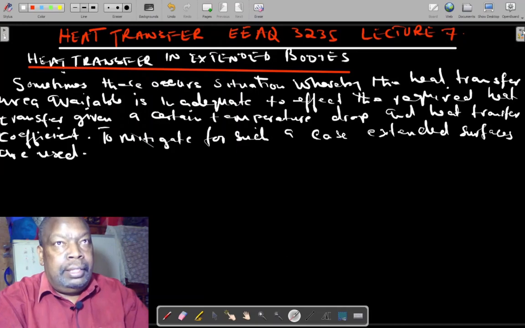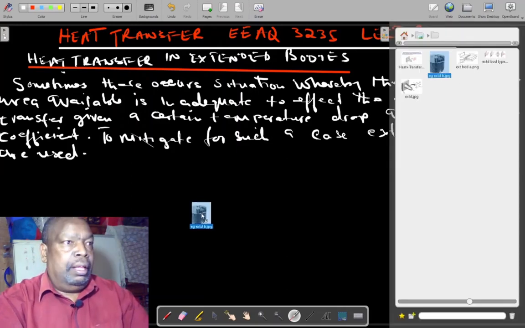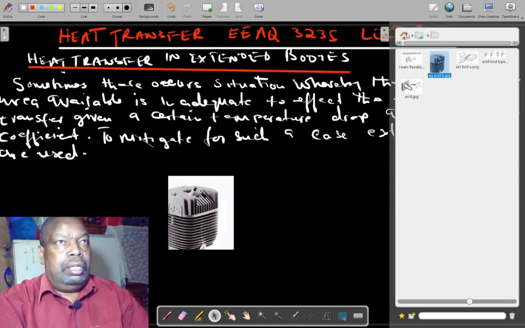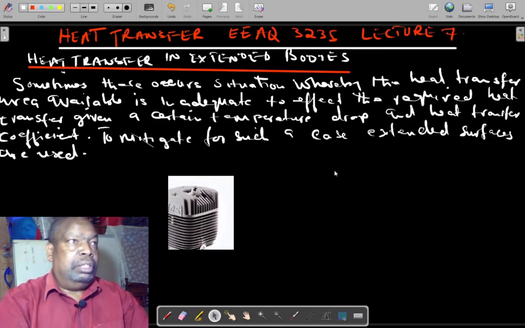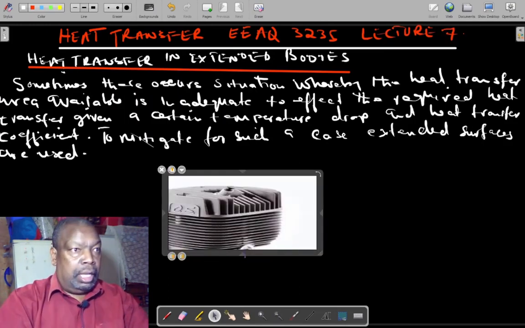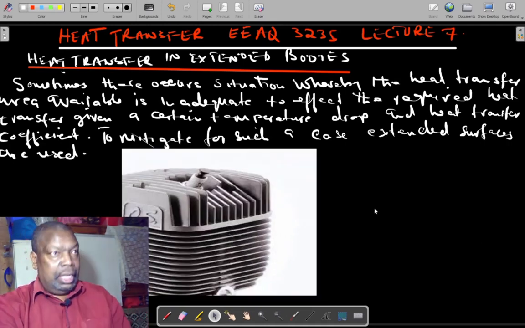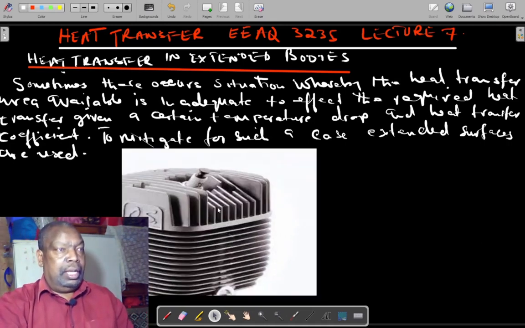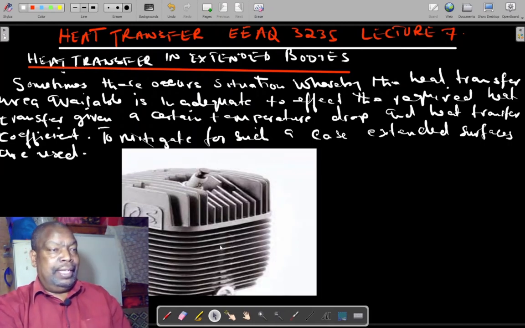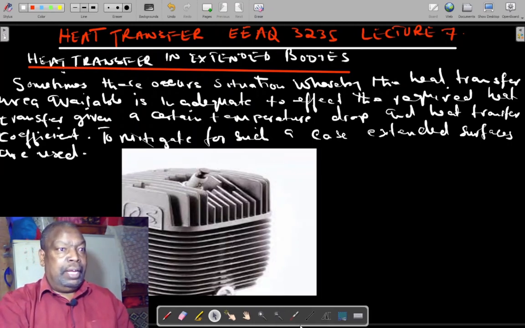Here is an example of a good application of extended surfaces, as can be seen in this picture. Here we have a cylinder of an air-cooled engine.